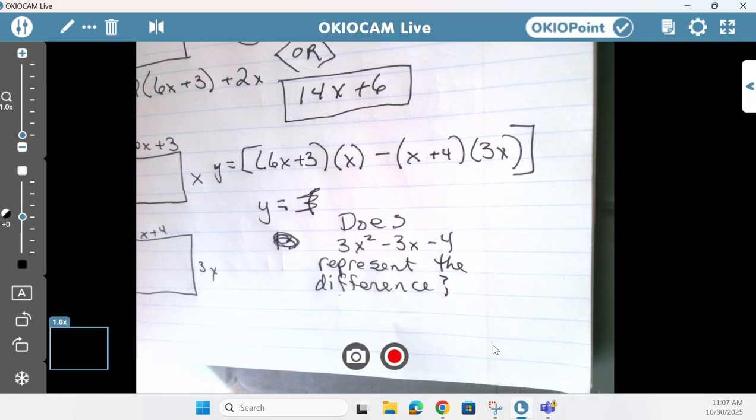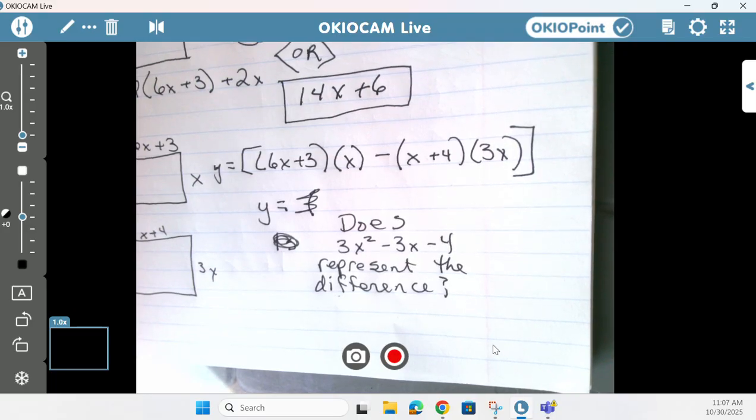Alright, does it represent the difference? What you're going to do is go to Desmos, type both of these in, put them in for 1 and for 2. Tell me if you get the same line.